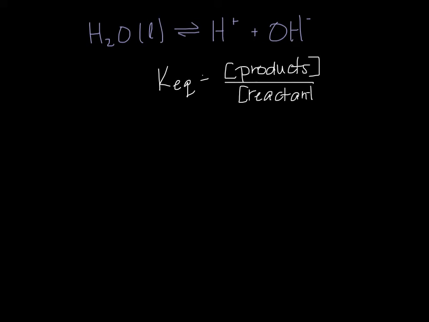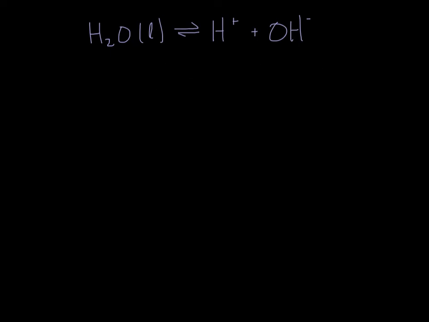So when we're deriving Kw, or our water constant, it's the same thing as finding an equilibrium constant for the dissociation of water into its hydrogen ions and hydroxide ions. Let's take a look at what that would look like if we found the equilibrium constant for the dissociation of water.